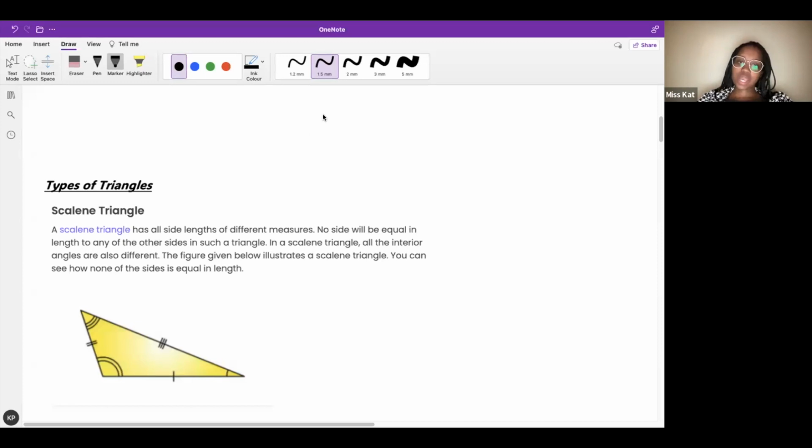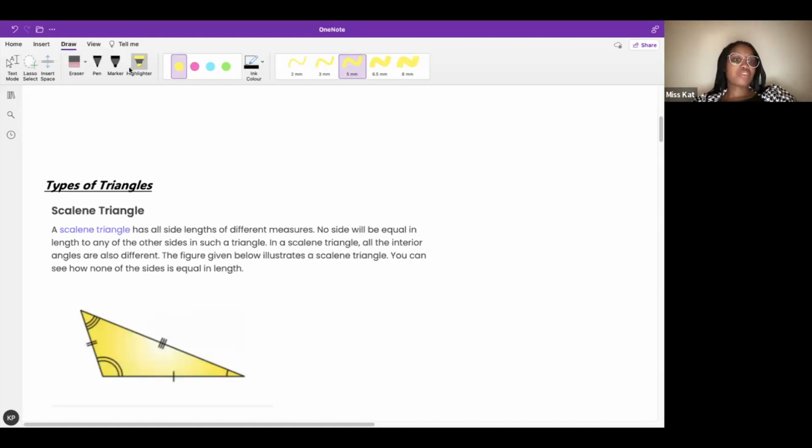Now, scalene triangle. All the sides are different. Nothing is the same, in the words of Teacher Coco. If you were ever in her class, when we did scalene triangles, she was like, nothing is the same. That would be our scalene triangle.